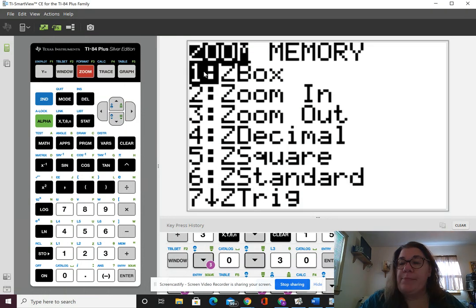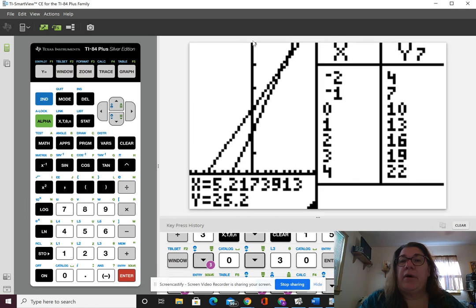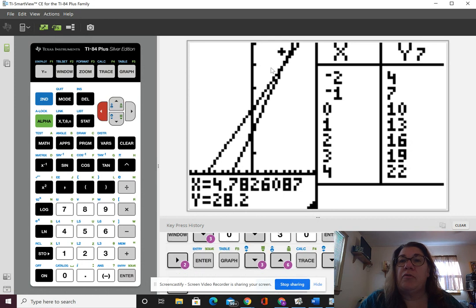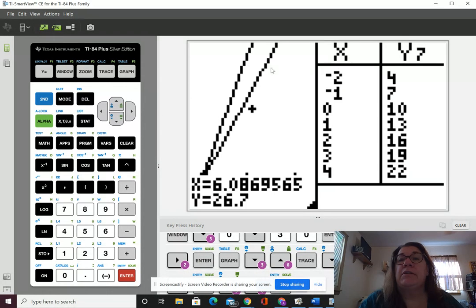Let's do a Z box. The box allows you to use your arrow keys to set a corner, and then you hit enter, and then if you arrow down and over, you get the opposite corner of the box, and then it puts that in there.